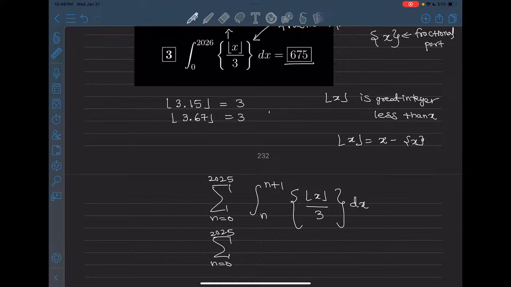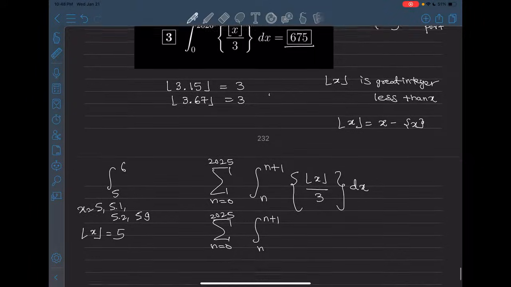Notice that in this domain, when our integral is going from n to n plus 1, if I take, let's say, 5 to 6, whenever x is 5 or 5.1 or 5.2 or 5.9, for all these numbers the greatest integer function will just be 5.